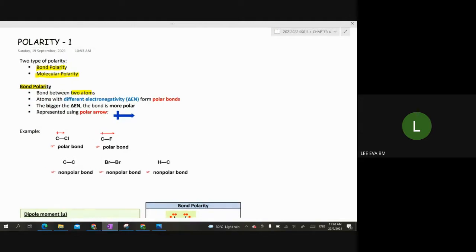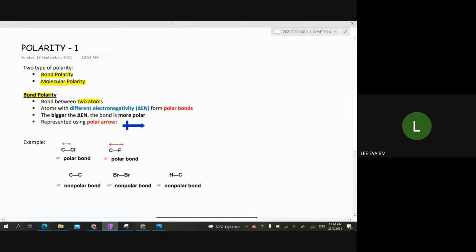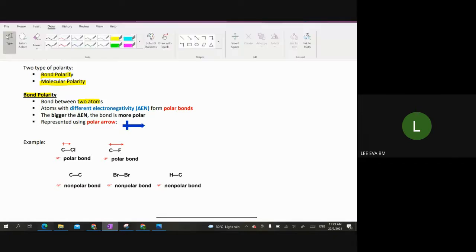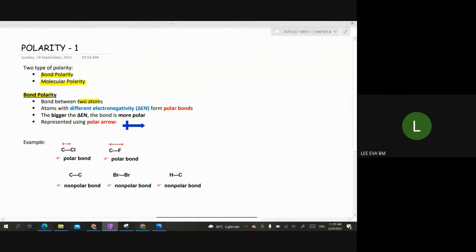Okay. So first of all, very simple, bond polarity is when you have 2 atoms with different electronegativity. So I'm using a shortcut over here lah, differences in electronegativity.